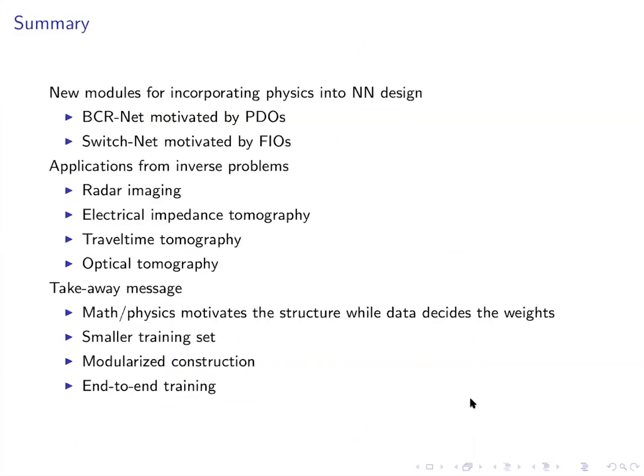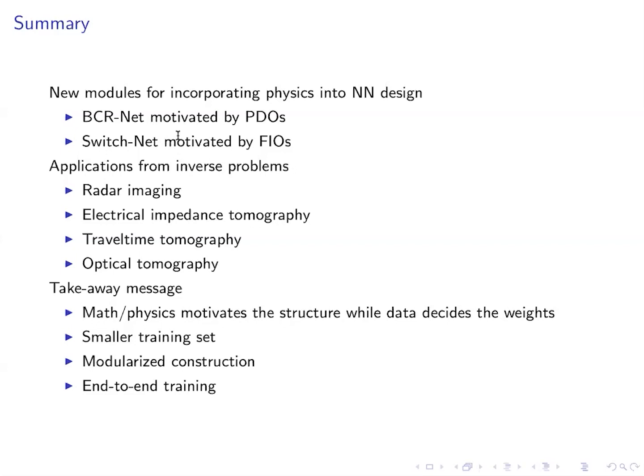Okay, here's a quick summary. In this talk, we talked about two things. One is we introduced new neural network modules appropriate for inverse problems. Two examples we discussed are pseudodifferential operators, which give us PCRNet, and Fourier integral operators, which give us SwitchNet. We also talked about different applications.